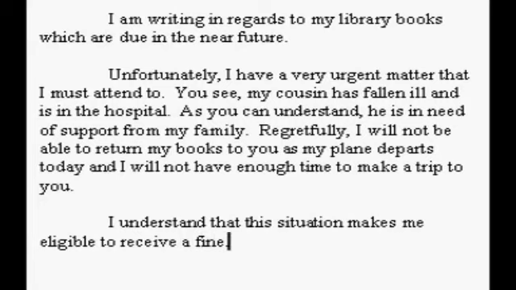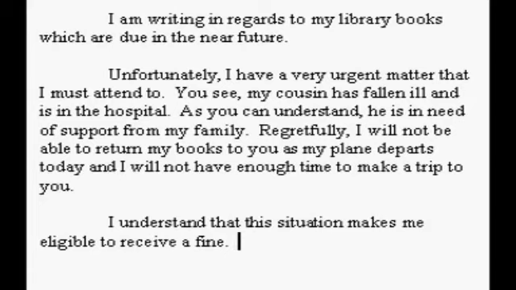Okay, this sentence is saying that we know that our books are late. We know we're going to receive a fine. And just a reminder, a fine is a punishment where we have to pay money. So I understand this situation makes me eligible to receive a fine.